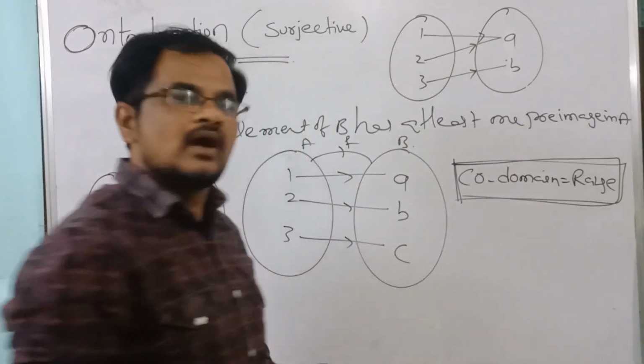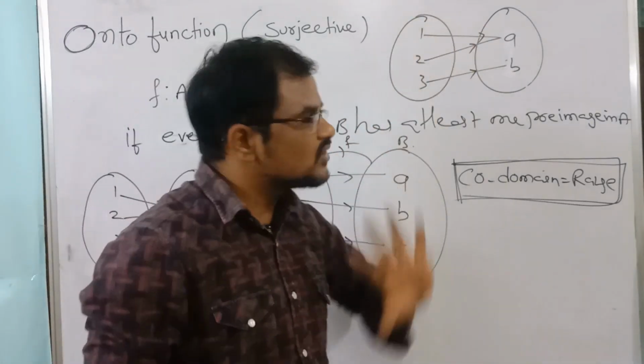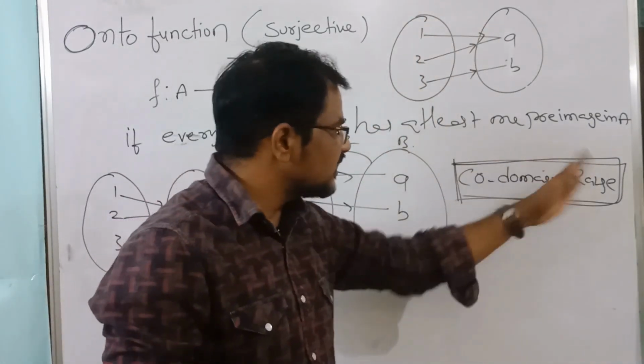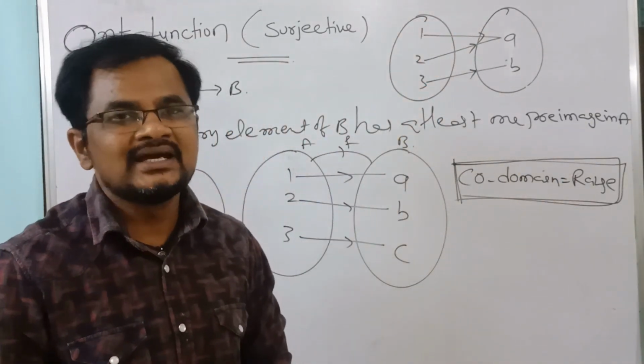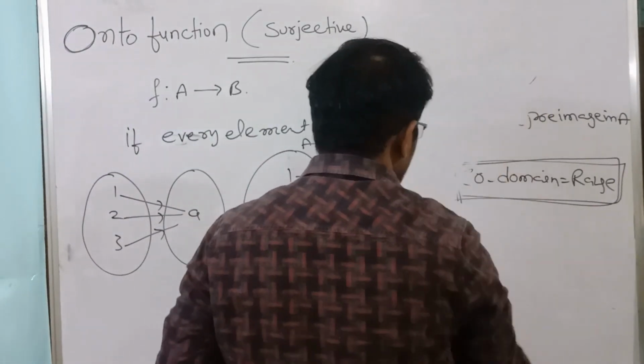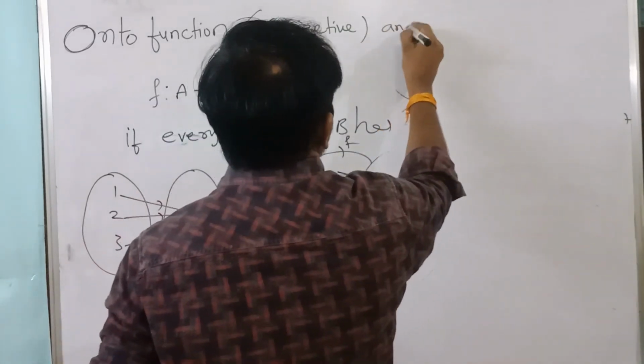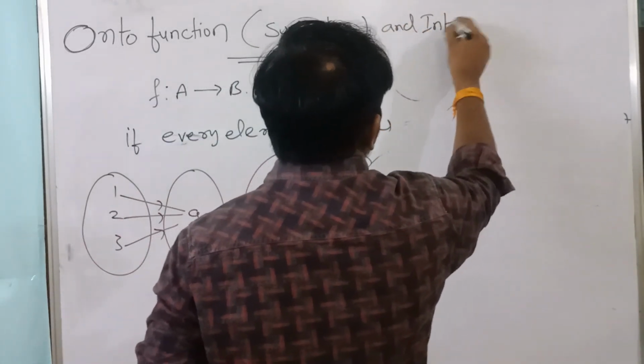This is also an onto function only, because here codomain is a, b and range also a, b only. Means if codomain equal to range, then that function is called what? Onto function. And here only one more function we will discuss, that is into function.